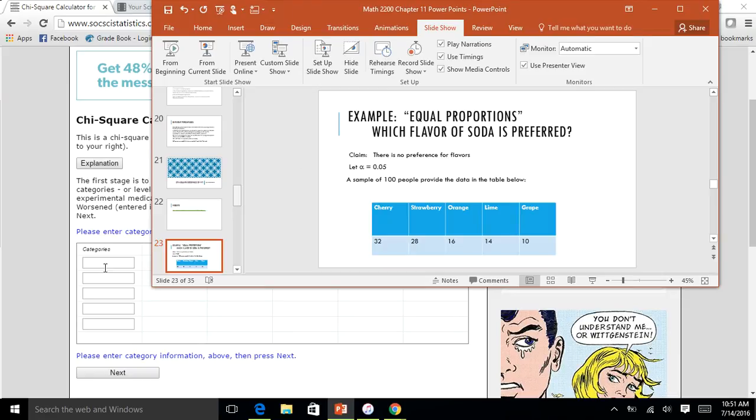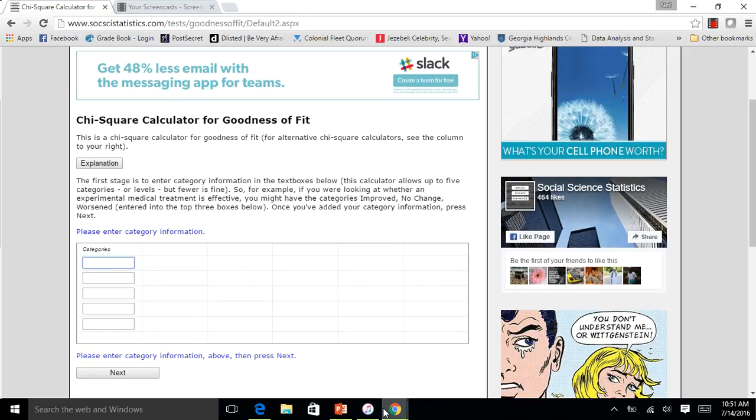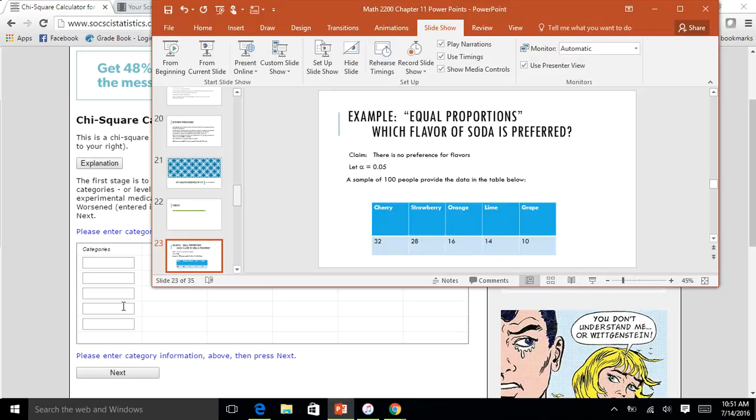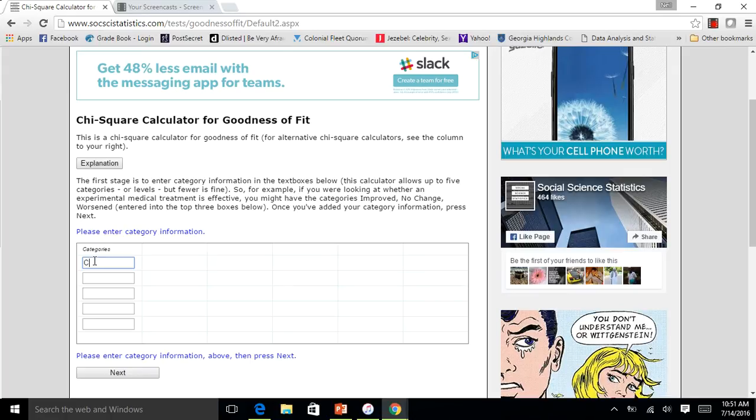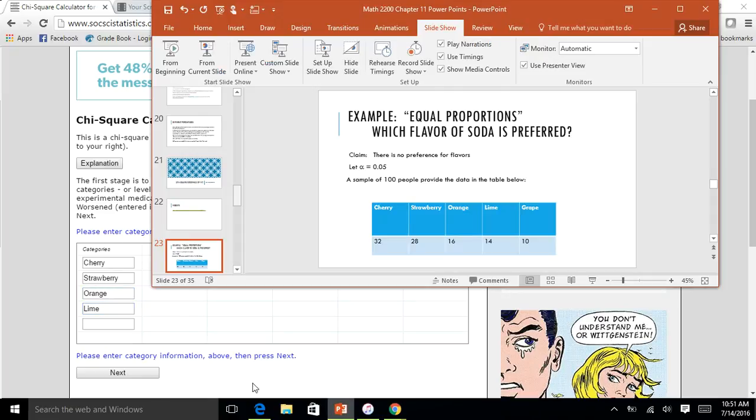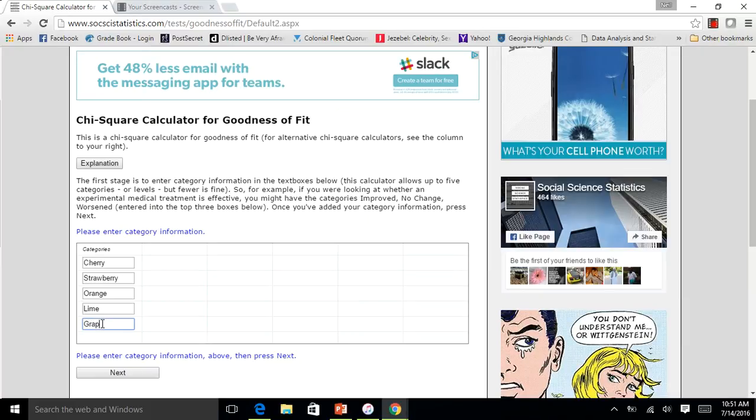So what I'm going to do is go over here and put my categories: cherry, strawberry, orange, lime, and grape. Okay. So now I'm going to hit next.